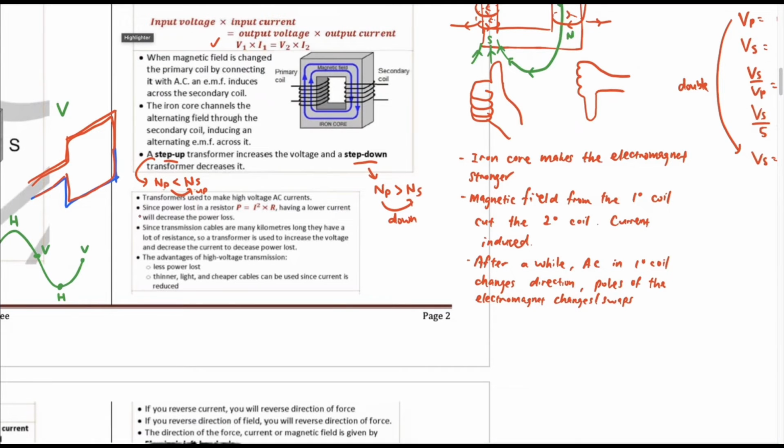Next point. Since power loss in a resistor is P equals I squared times R, having a lower current will decrease the power loss. So you see, these two points are interrelated.